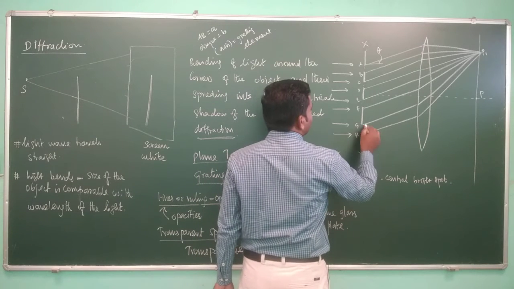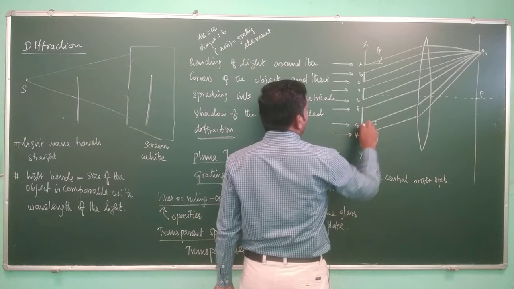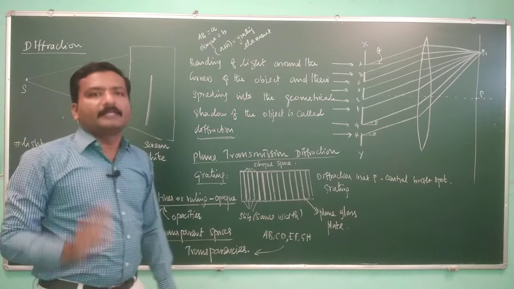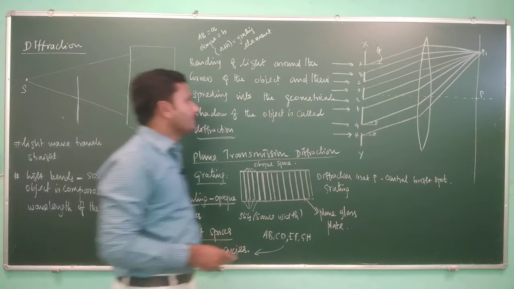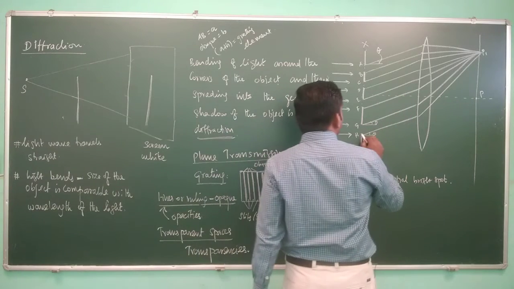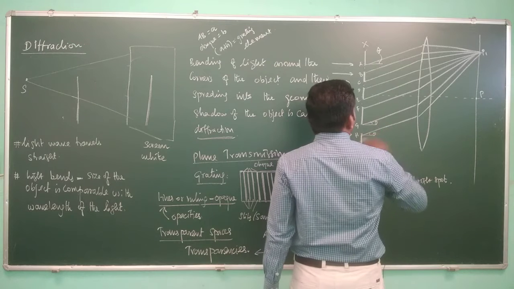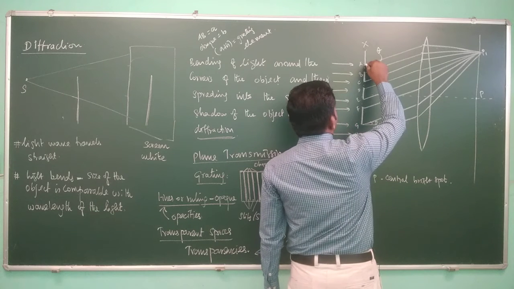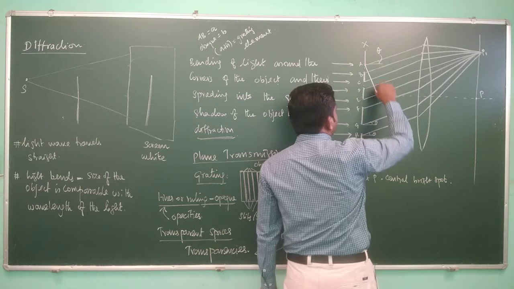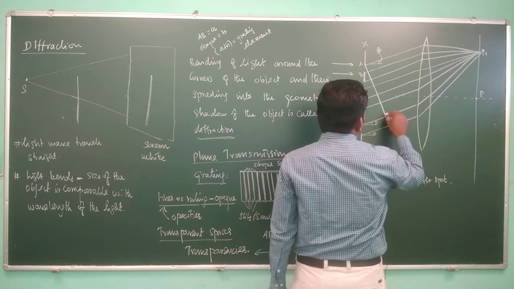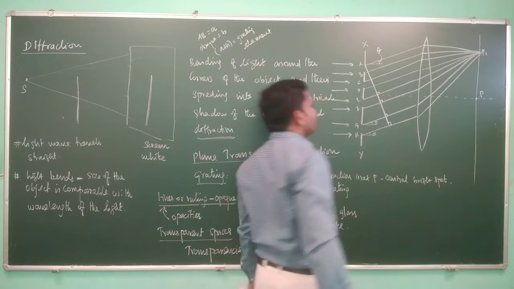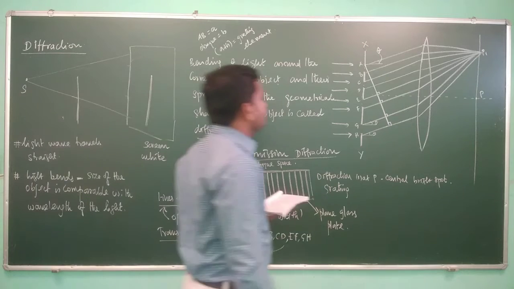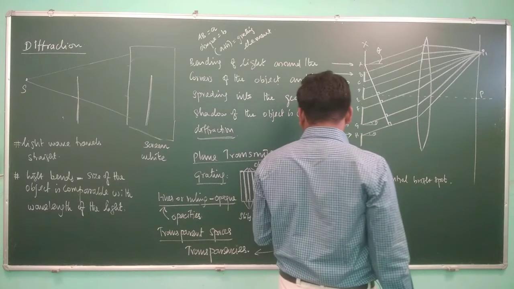From all edges, the light rays are deviating with the constant angle theta. That is one case that we have considered. Now if you draw the normal to the path of the deviating, diffracted light wave, we can draw this. This is the normal to every light ray.